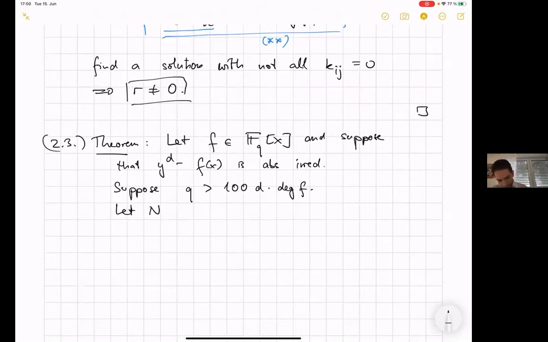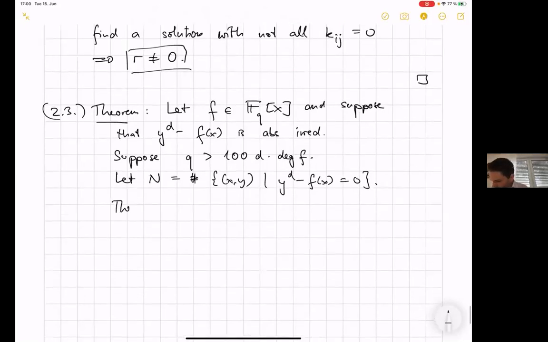Let n be the number of solutions x, y such that y to the d minus f of x equals 0. Then n equals q up to a small error, namely 9 times whatever the constant is, d to the 3/2 times q to the 1/2 times the degree of f.